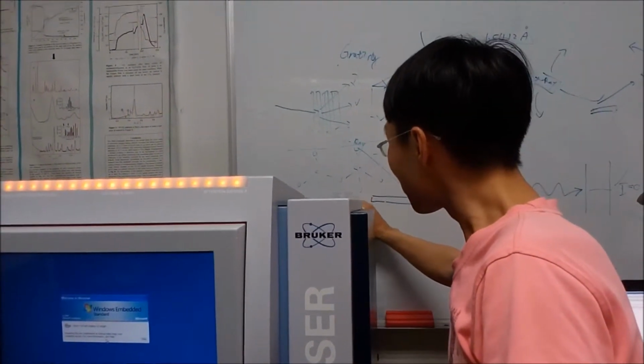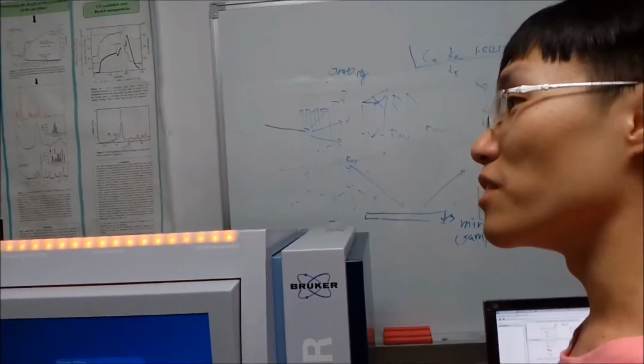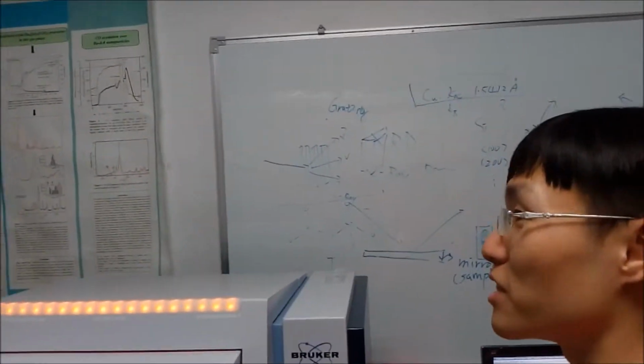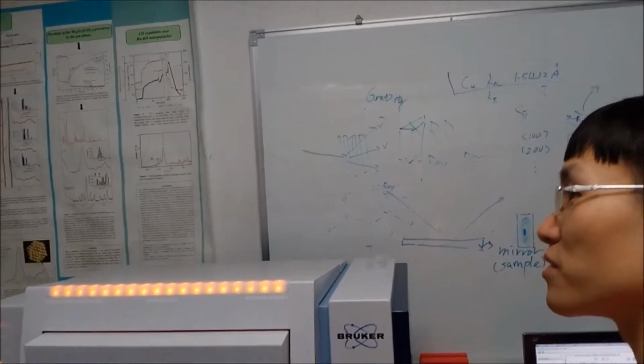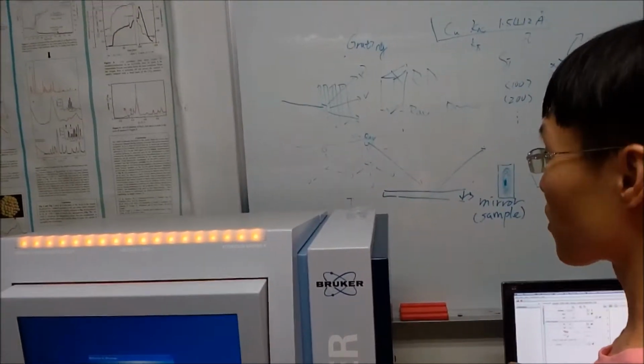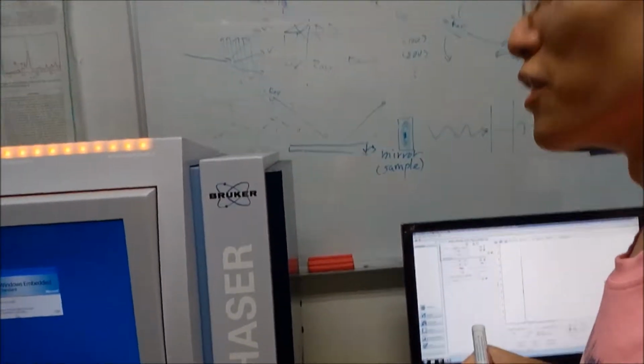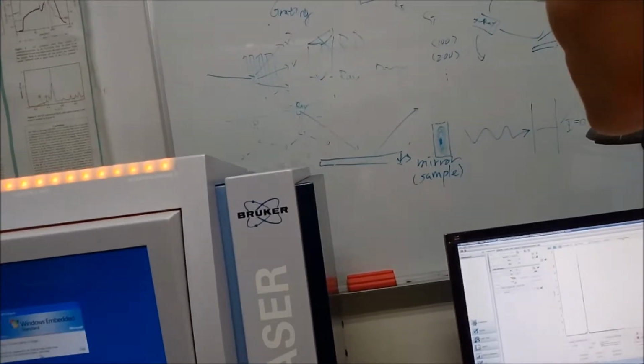Body center. Yeah, body center. Monoclinic, which one? Tetragonal. Cubic. Yeah, cubic. Wow, advanced conversation. I don't know what you have said.